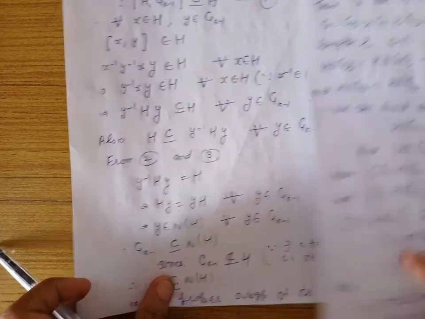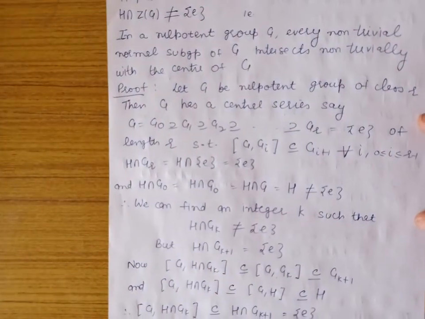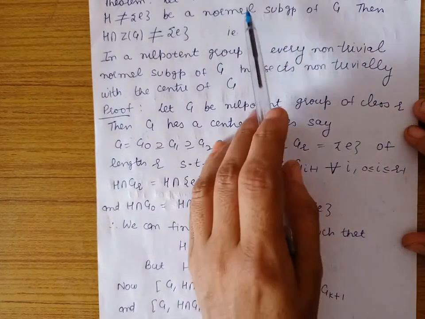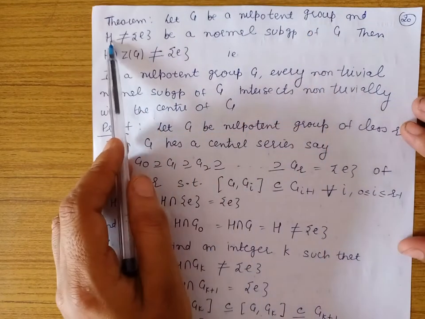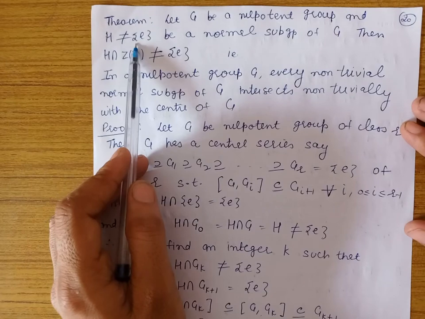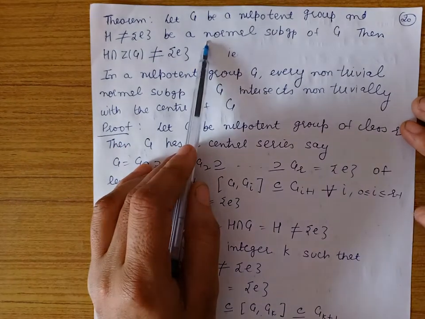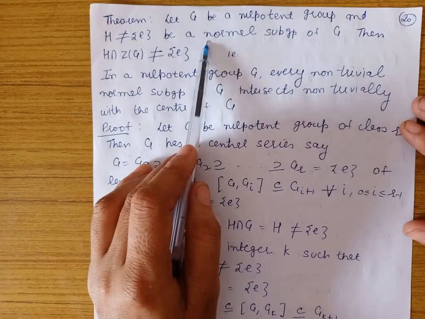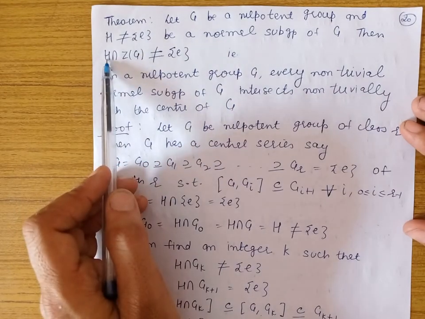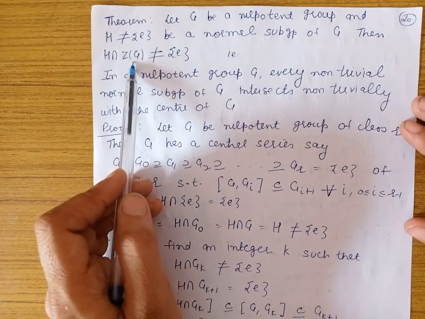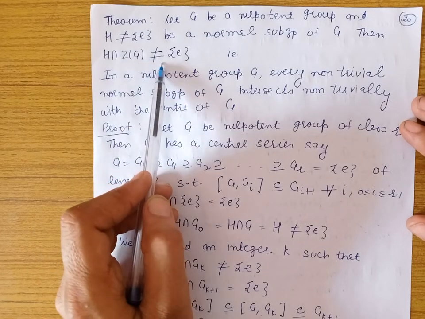Now in the next theorem we are given that G is a nilpotent group and H is a non-trivial normal subgroup of G. Then we are to prove that the intersection of H with the center of group G is non-trivial.